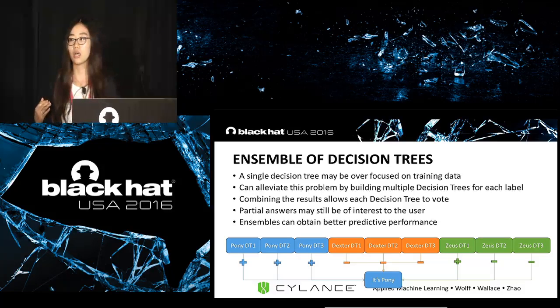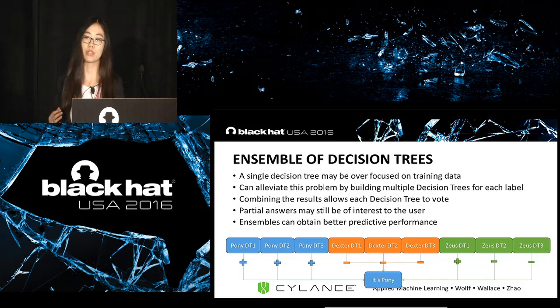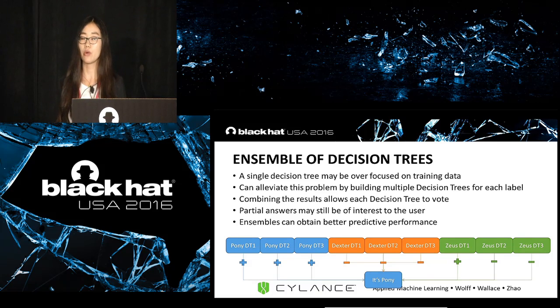In our case, we need to classify the samples into multiple different types of ID panels. For example, we want to classify into Pony or Dexter or Zeus or not a botnet panel. For doing that, we actually have 13 labels, and it will heavily overfit.